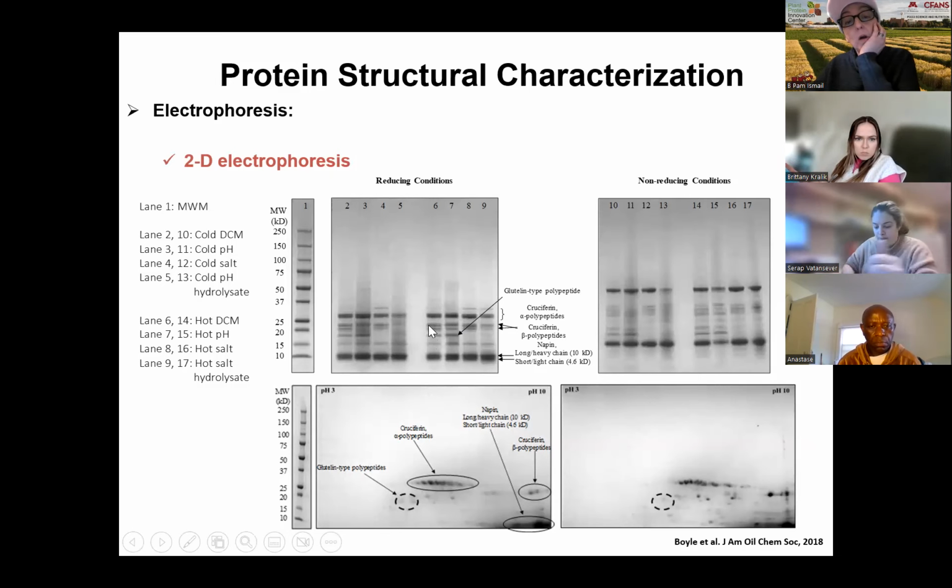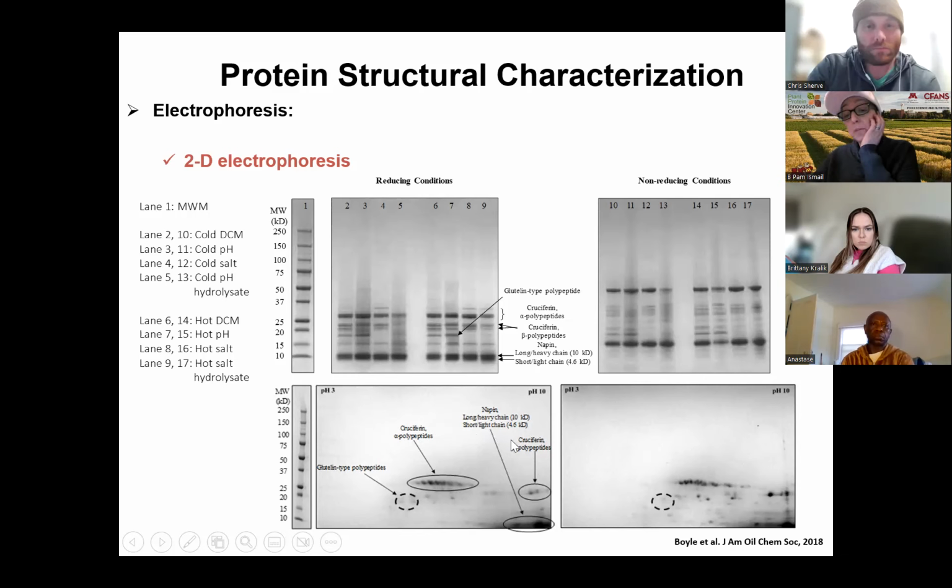But when I take this one protein isolate that I ran on one of these lanes and run the sample on a 2D gel, then I'm able to see the different variants of cruciferin, the basic cruciferin and the acidic cruciferin. I'm able to see the napin separated into multiple subunits as well. This helped me characterize camelina a little better since it's a new protein that we're studying.